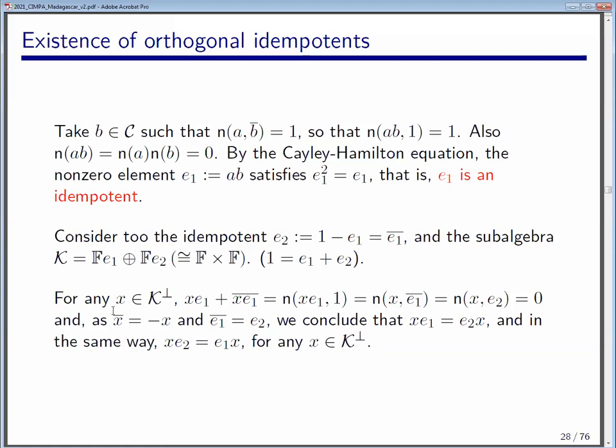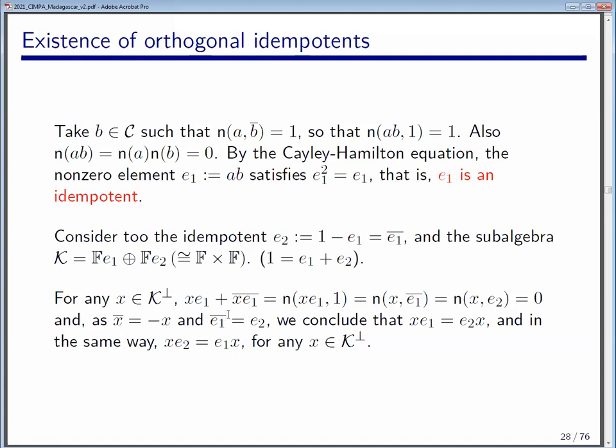So for any element in the orthogonal complement to K, we have that the element is orthogonal to E2. In the same way, it is orthogonal to E1, and therefore it is orthogonal to 1, and therefore the conjugate equals minus x.